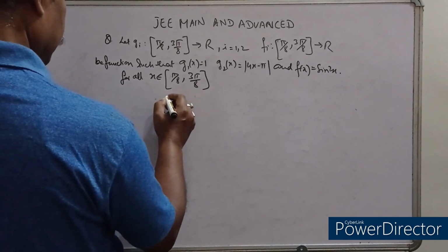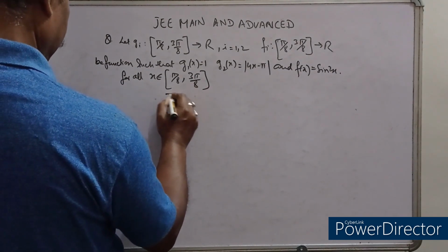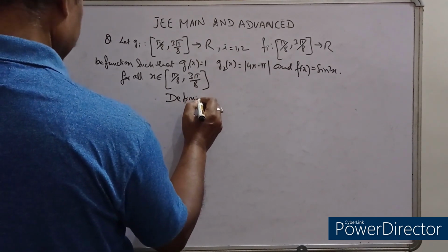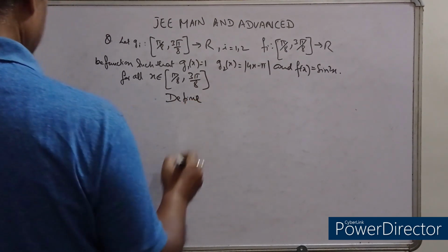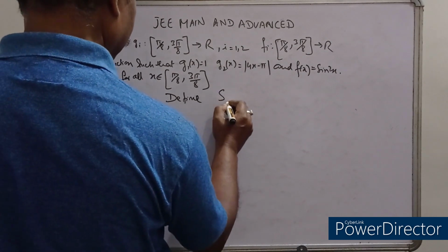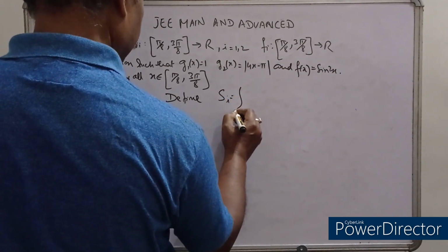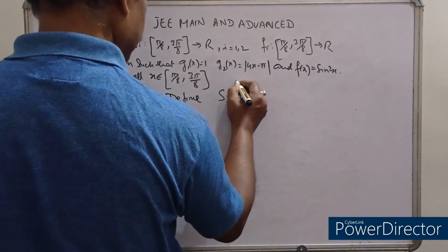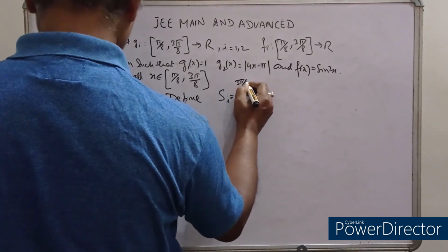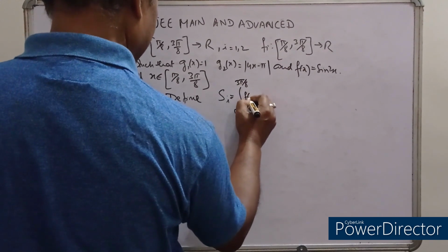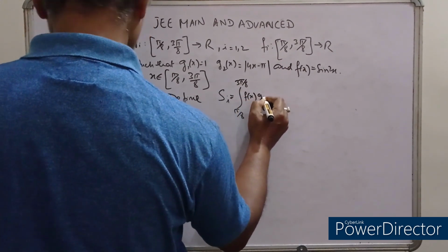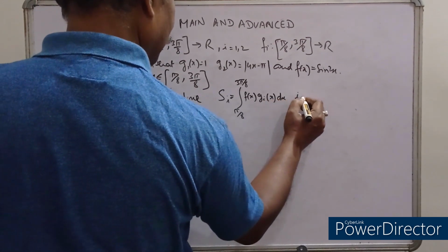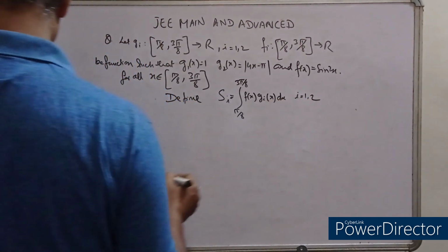and define Si as the integral from pi by 8 to 3 pi by 8 of F(x) Gi(x) dx, i is equal to 1, 2.